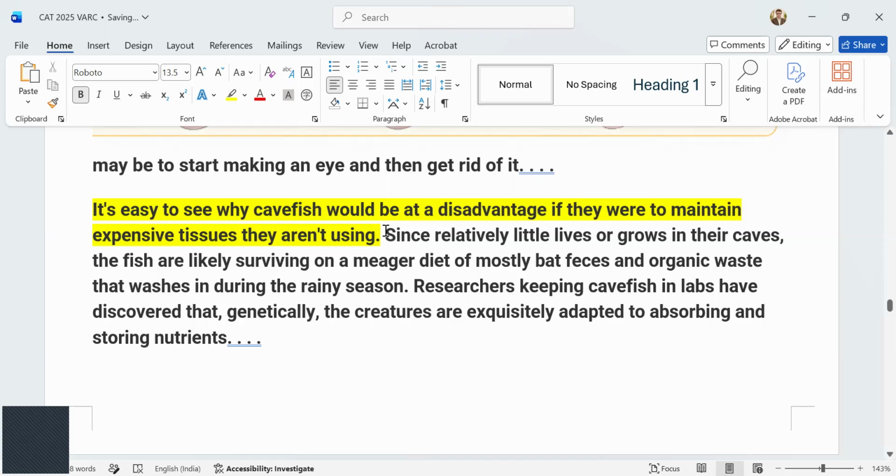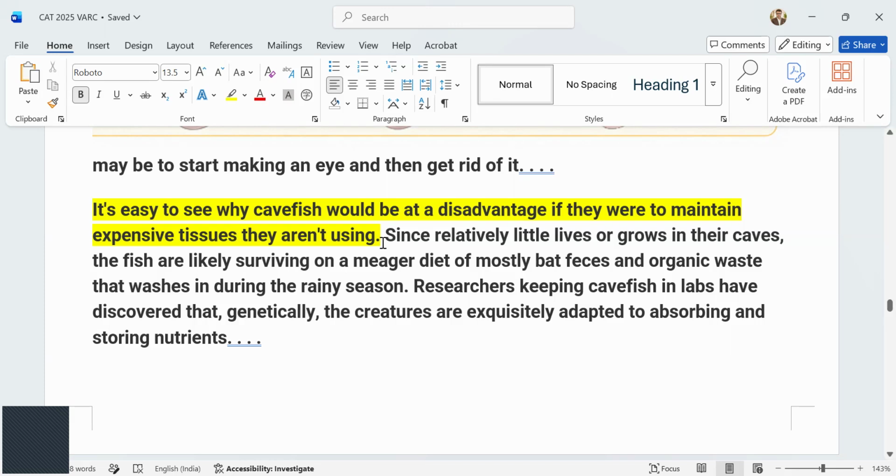In case it is totally dark, there will be no light, so they will not be using eyes. They can't see. Even if they have eyes, they cannot see. So instead of spending their resources on eyes, they get rid of them.